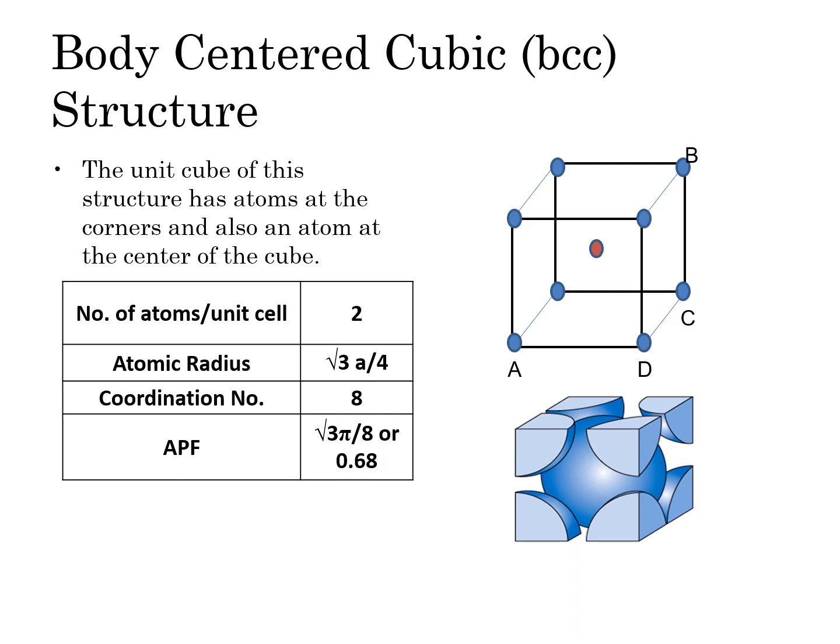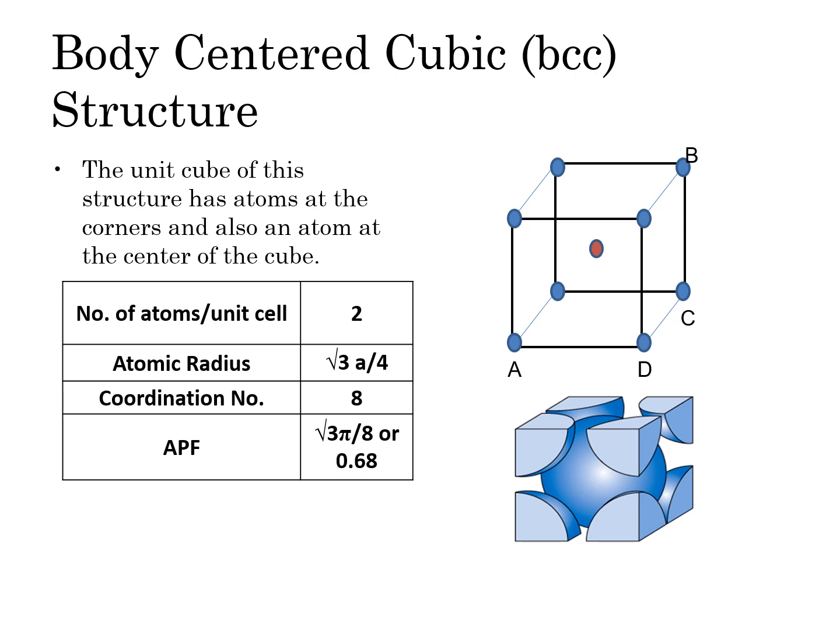Next one is body-centered cubic structure. The unit cube of this structure has atoms at the corners and also an atom at the center of the cube. The number of atoms per unit cell is, we know that the 8 corner atoms are shared by 8 other unit cells.